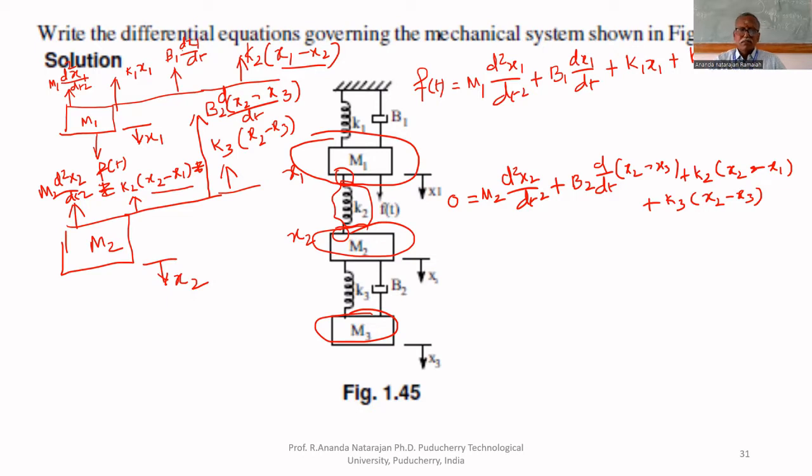For the second mass, that's done. Third mass: what are the reaction forces acting on the third mass? No applied force, only reaction forces. Displacement is downwards, therefore the reaction forces are acting upward.